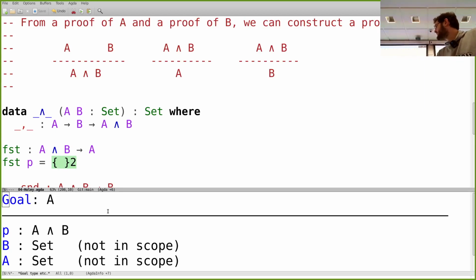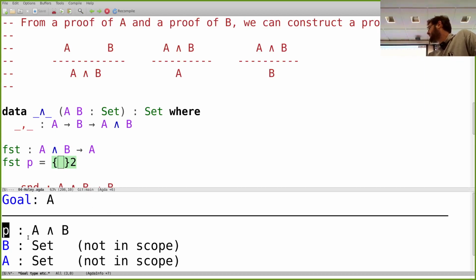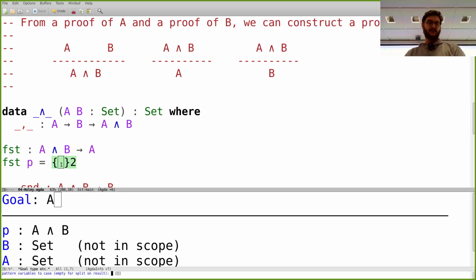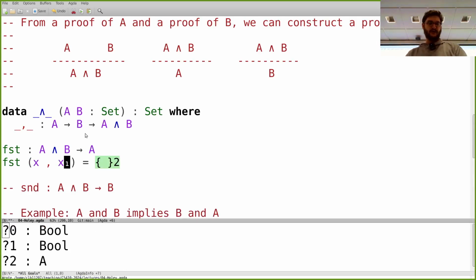In scope I have this proof P of A and B, and I want a proof of A. The only move I can make is to inspect what my proof looks like. Because A and B is defined as a data type with a single constructor, I'm going to get a single clause with a pattern matching that constructor. It's picking horrible names, of course.